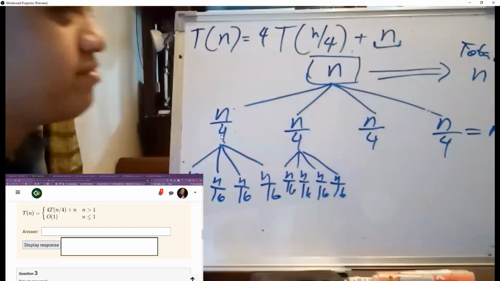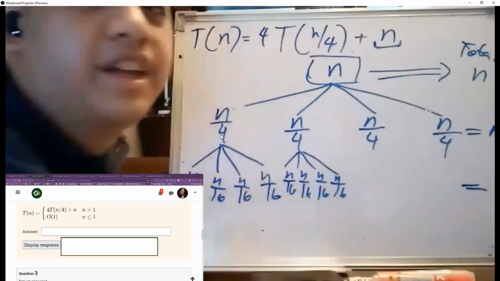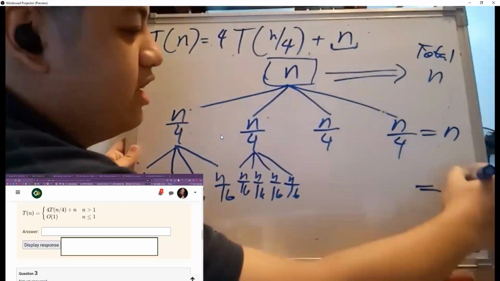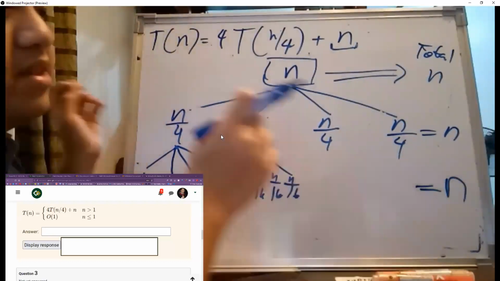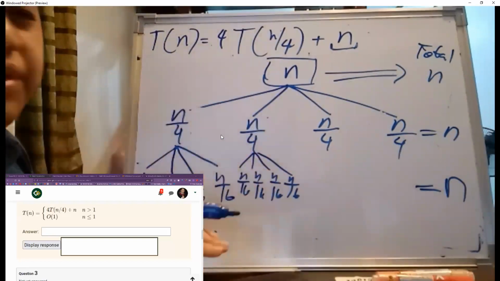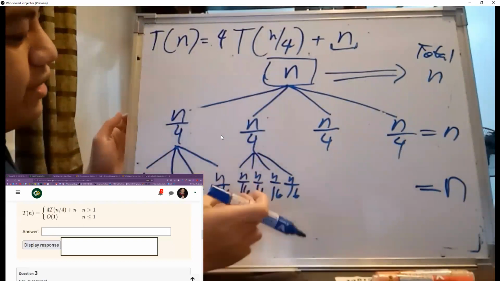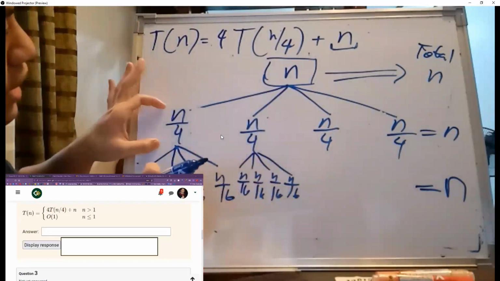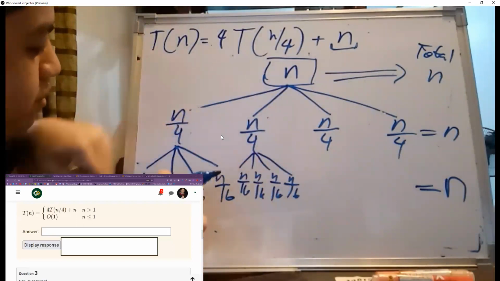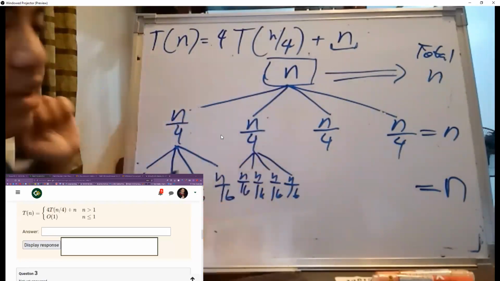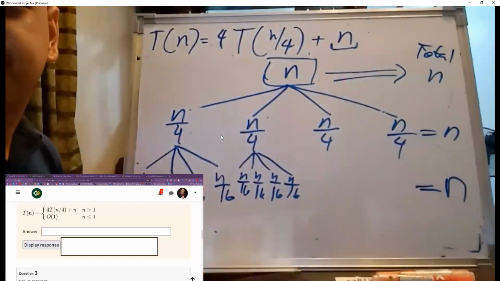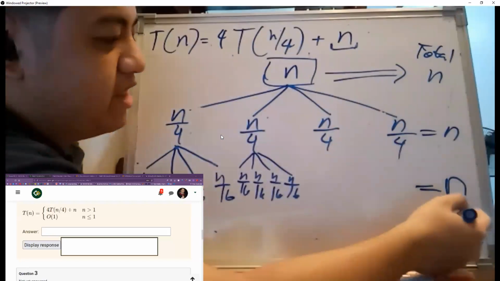So makukuha natin, it's also just n. Kasi mag-split ka to 4, pero yung kada 4 is over 4. So yung ating mga per level or per node ay mag-split to 4, pero 4 din yung nagagawa. So yung total natin is n. So n yan hanggang makarating sa dulo.